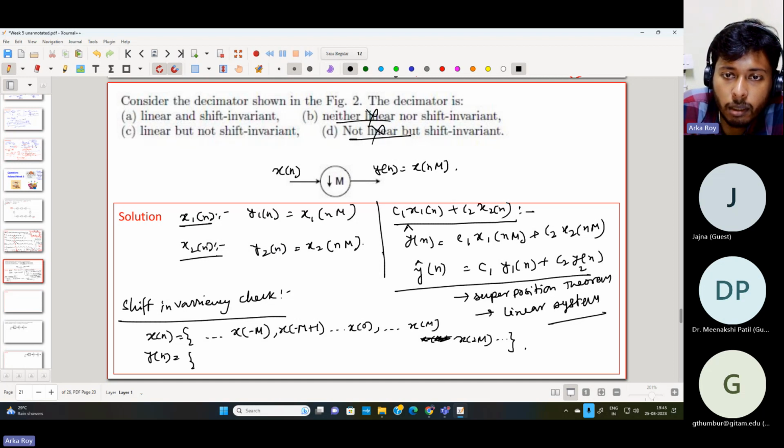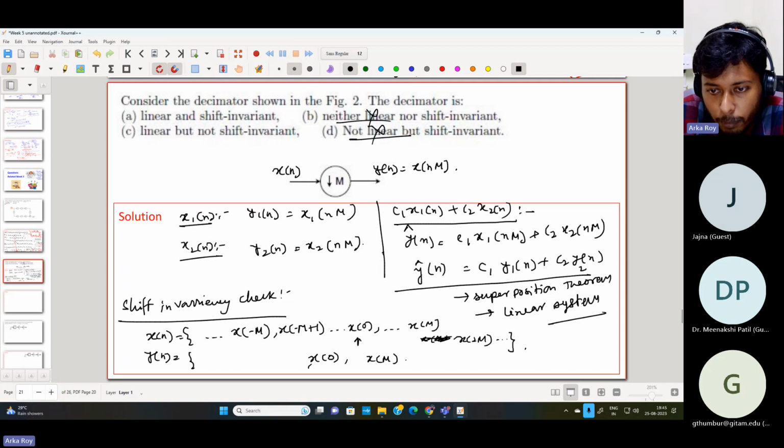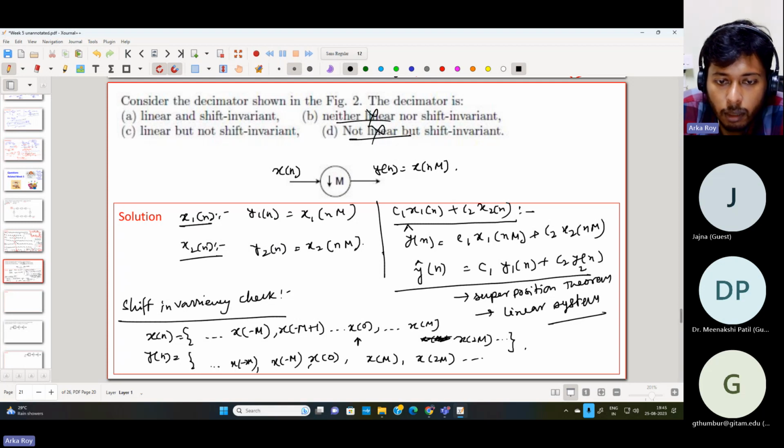When we downsample the signal, we'll get something like this: x of 0, x of m, x of 2m, dot dot. Here also x of minus m, x of minus 2m, like this dot dot.